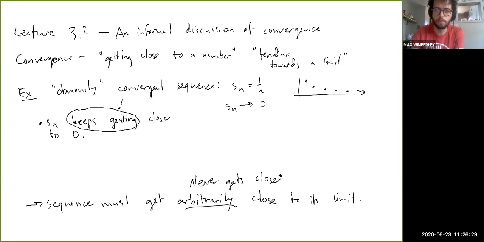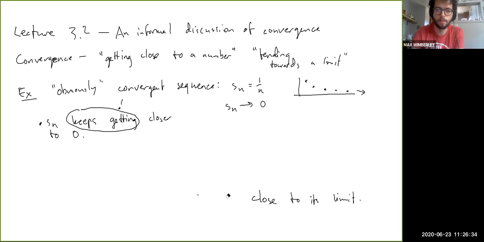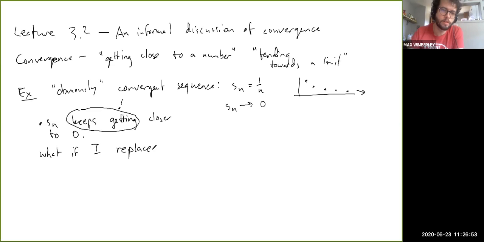So imagine, what if I just took the sequence Sn? So what if I replaced S7 with 3000, right?